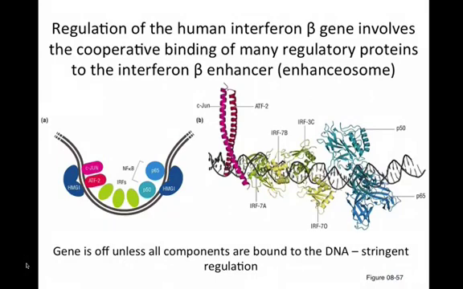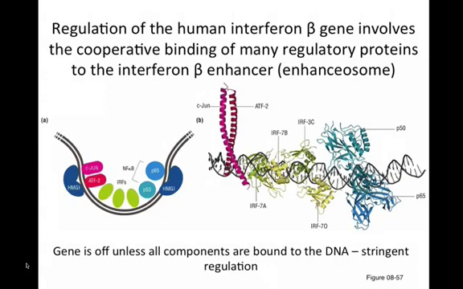Okay, so here is an interferon beta gene, which you guys have probably thought about a fair amount in your projects. So regulation of interferon beta involves cooperative binding of many different regulatory proteins. And so there's an interferon beta enhancer that needs to be bound by a whole bunch of proteins, and some should be familiar to you.